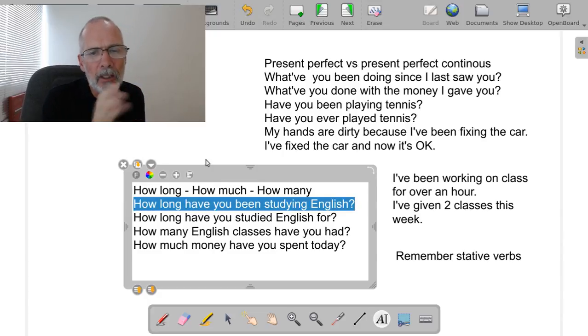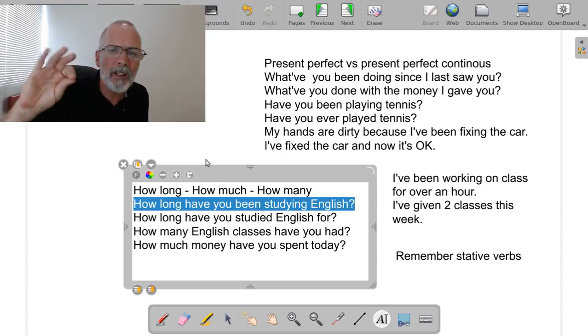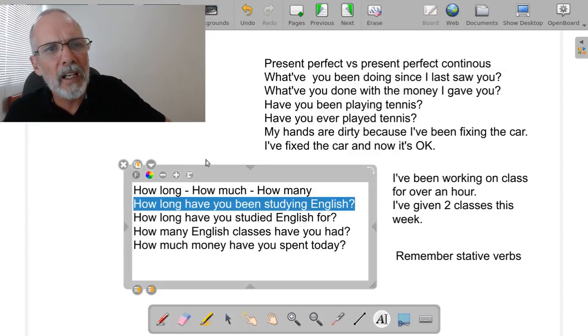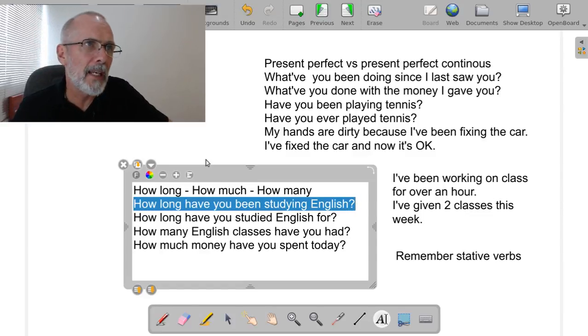I think maybe it's possible, but sometimes there's not too much difference. Maybe that's not a good example. Maybe another example could be, I've lived in Monterey for 16 years, or I've been living in Monterey for 16 years.